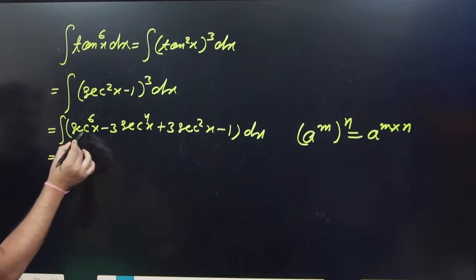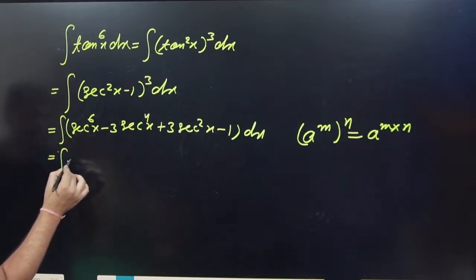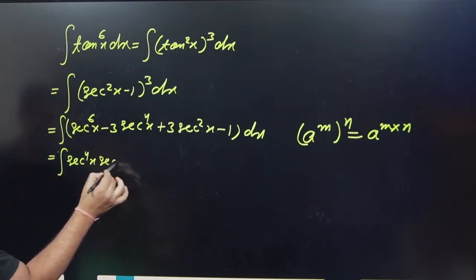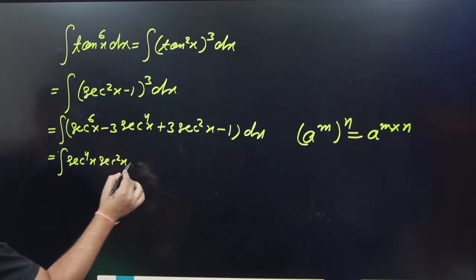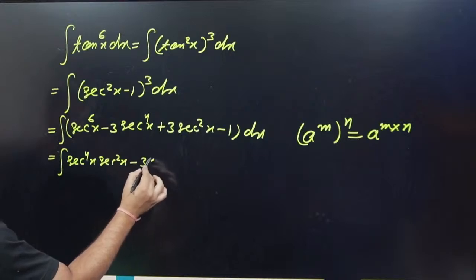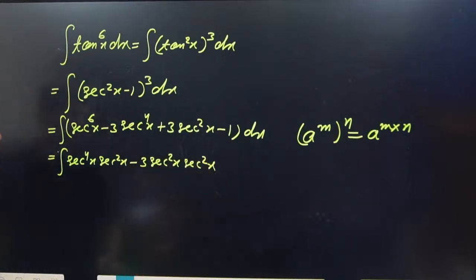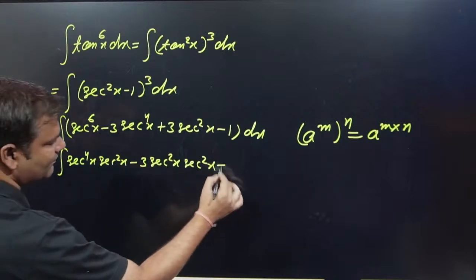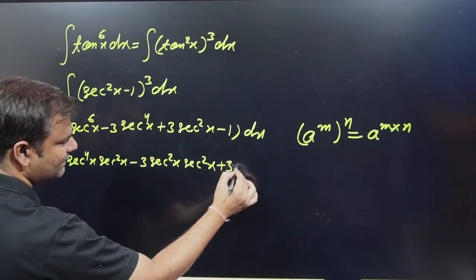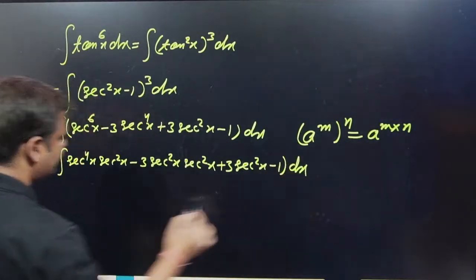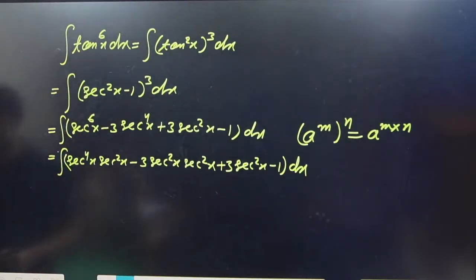This one is sec power 6, so you can say sec power 4 into sec square x, minus 3 into sec square x into sec square x, and 3 into sec square x minus 1 into dx.